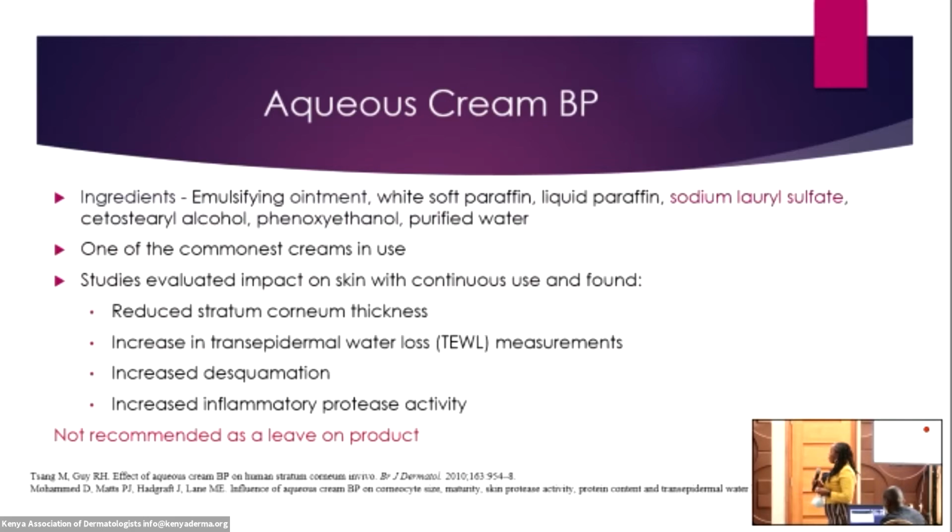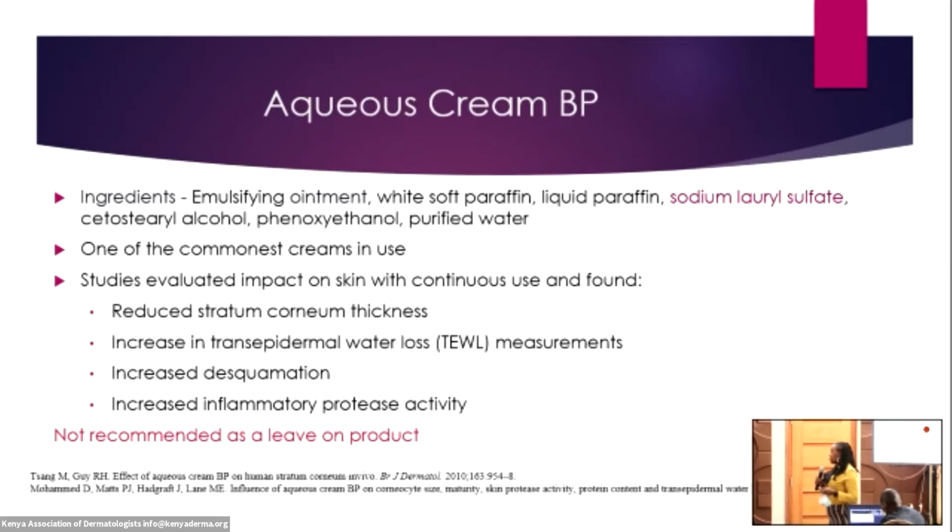So when we talk of common creams like aqueous cream, which have been used for a very long time, there have been challenges and controversies in time concerning the use of these products. Part of the controversy is because of the ingredients of aqueous cream. It has 1% sodium lauryl sulfate, which with time and lots of studies has been found to somehow weaken the stratum corneum.